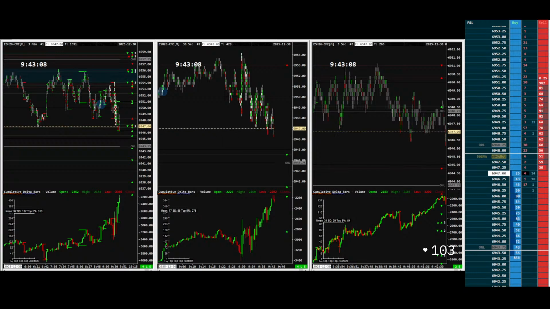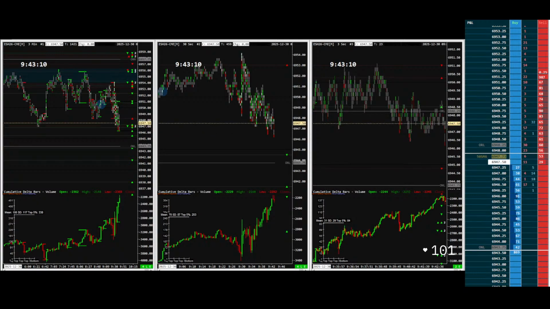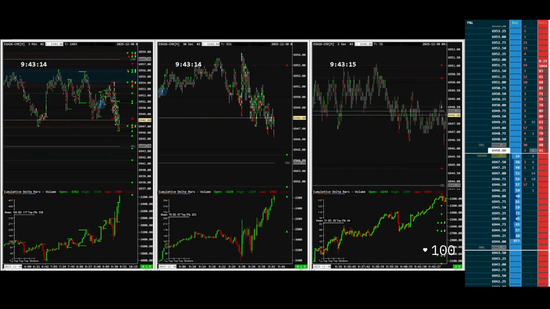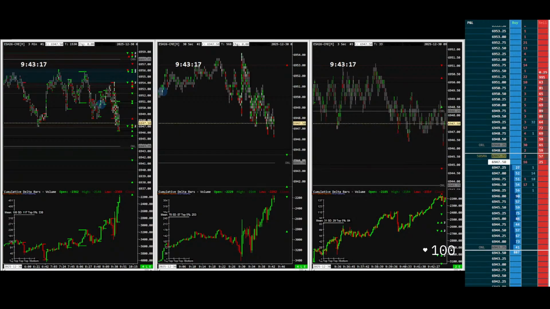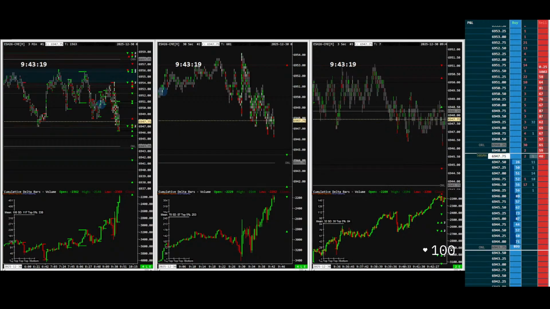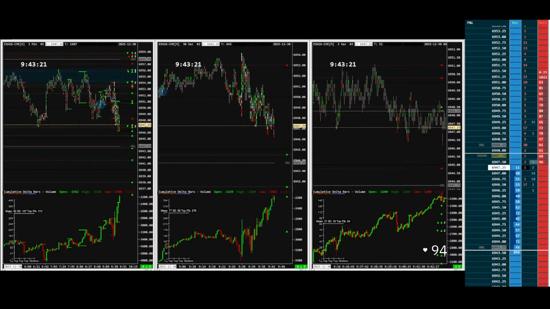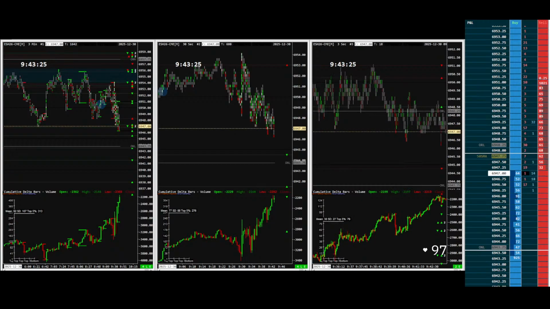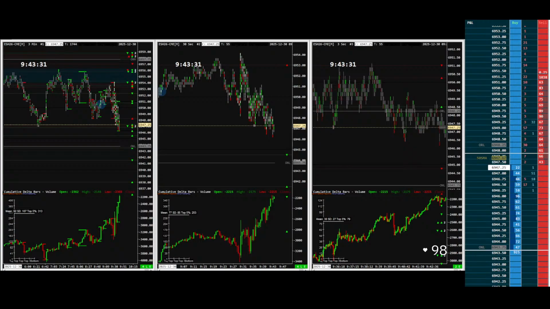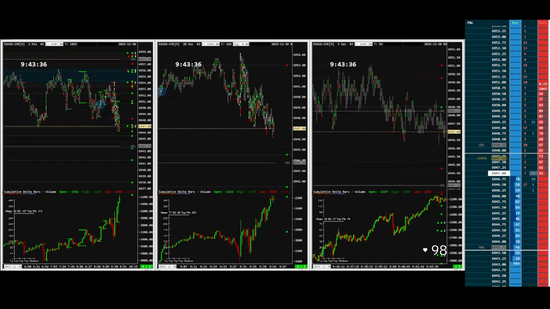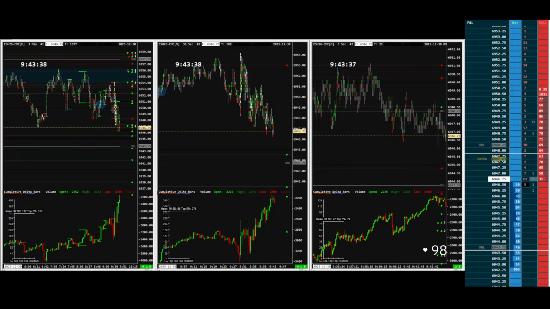See, now it's getting jammed up. There's so many twos down here on the 3 minute, though. I'm a little concerned that it is going to pop off of it. There's a lot of levels here on the 15 minute as well.